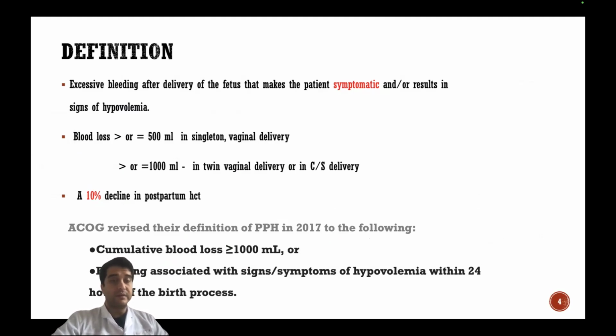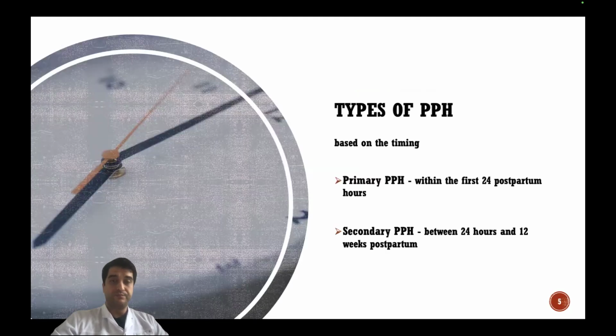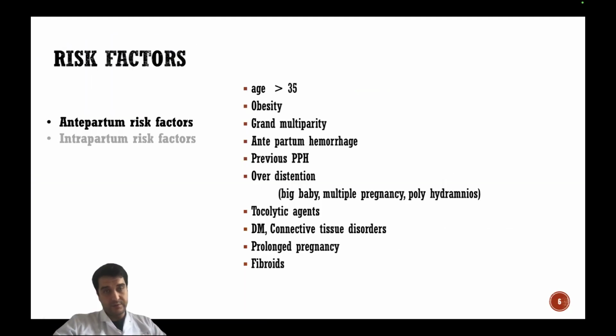ACOG revised their definition of postpartum hemorrhage in 2017 to cumulative blood loss of more than 1,000 milliliters or bleeding associated with signs and symptoms of hypovolemia within 24 hours of the birth process. Types: primary postpartum hemorrhage is within the first 24 hours of postpartum, and secondary is between 24 hours and 12 weeks postpartum.